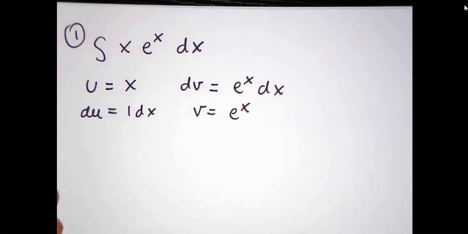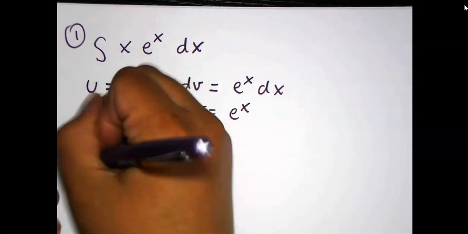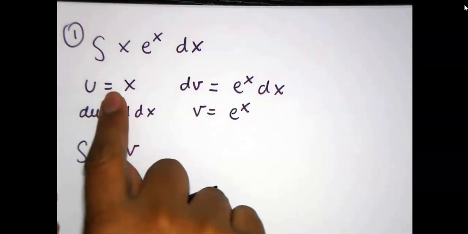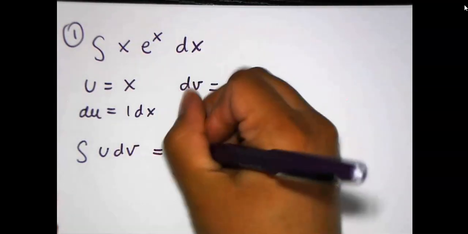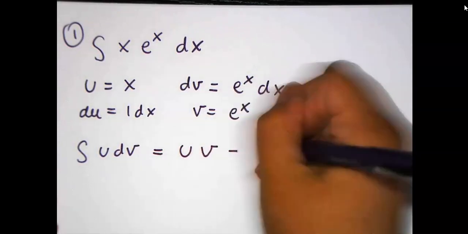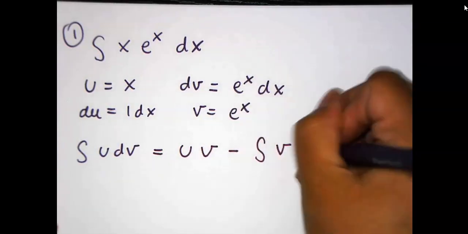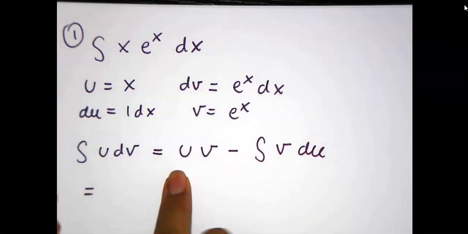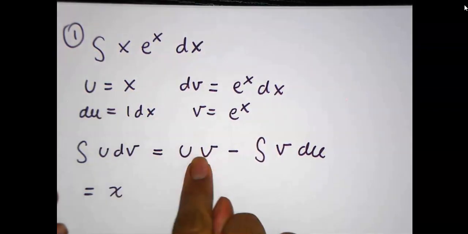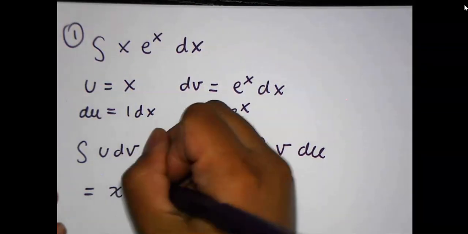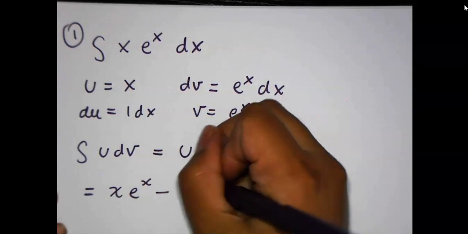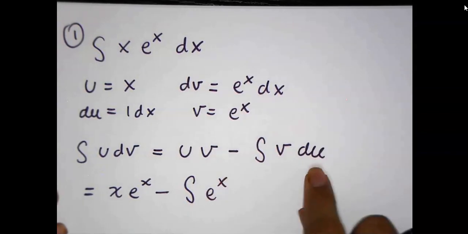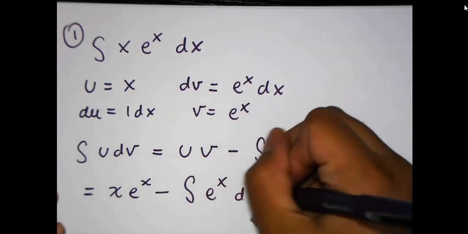Okay? So how do I do the integral? The formula says the integral of u dv is equal to u times v minus the integral of v du. So let's substitute. u is x. v is e to the x minus the integral of v, e to the x. du is just dx or 1 dx.